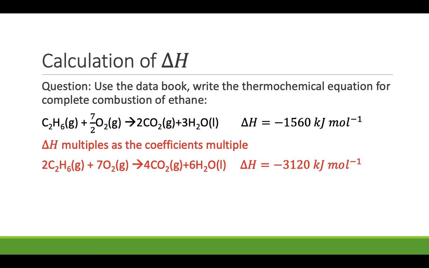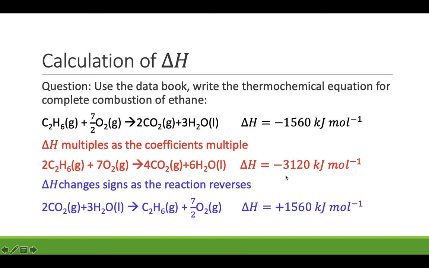And since delta H for a combustion reaction is negative, what if the reaction is reversed? Then your delta H value will be reversed as well. It will become positive. If the forward reaction releases heat, then the backward reaction will intuitively absorb energy.